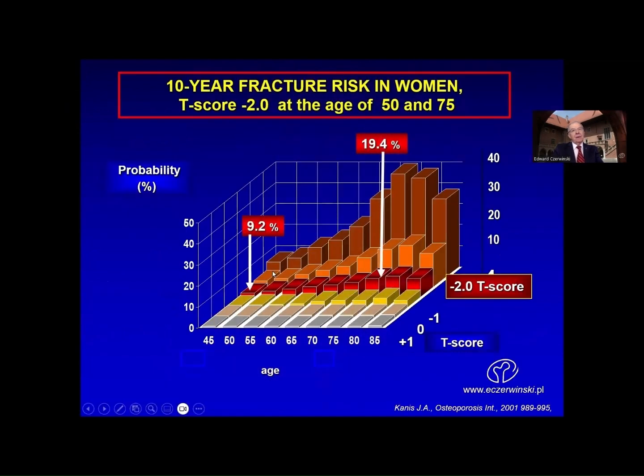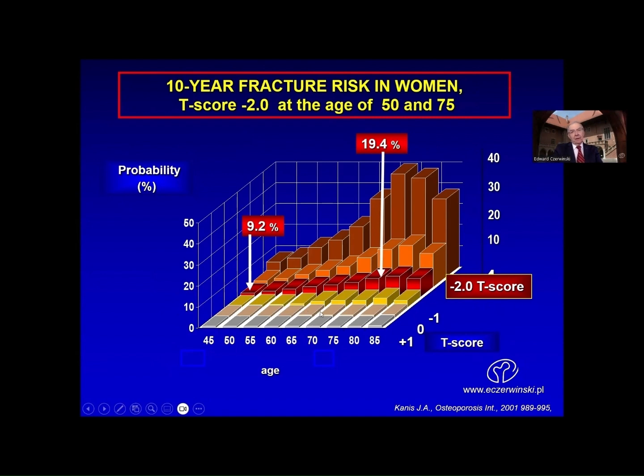Why is it so? We have huge Swedish data, and here we have the fracture risk probability in percentage, and here are age and T-score. So here is the row. We have T-score minus 2. In a lady at the age of 64, her fracture risk will be 9.2%.